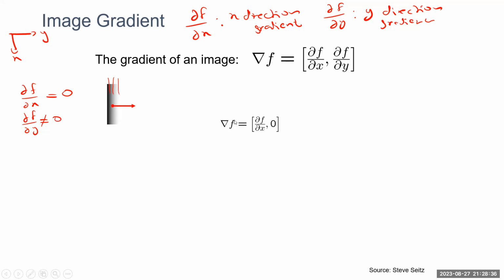Here, of course, the answer is already given. Here also, ∂f over ∂x is not equal to 0, but ∂f over ∂y is equal to 0.